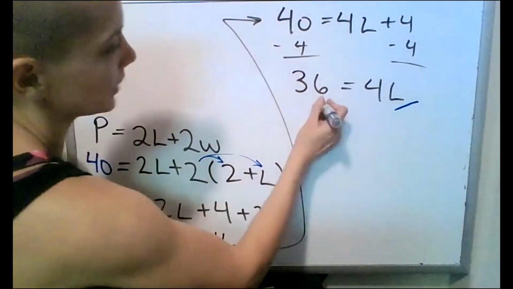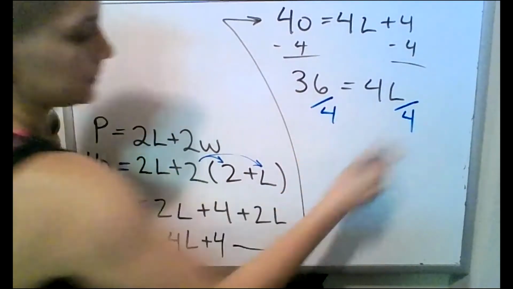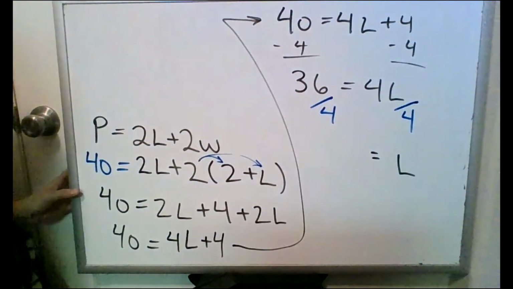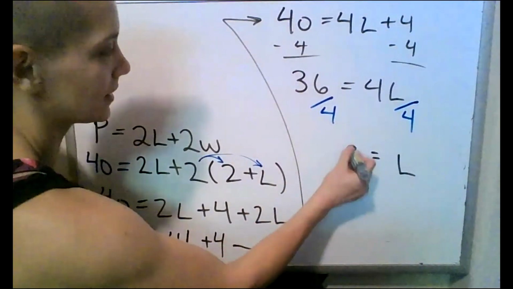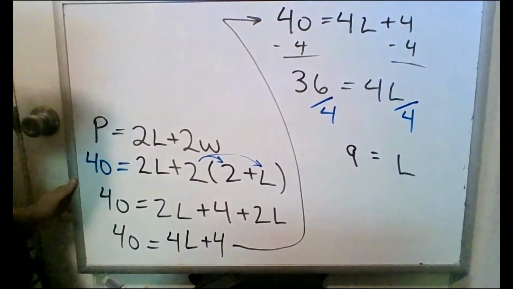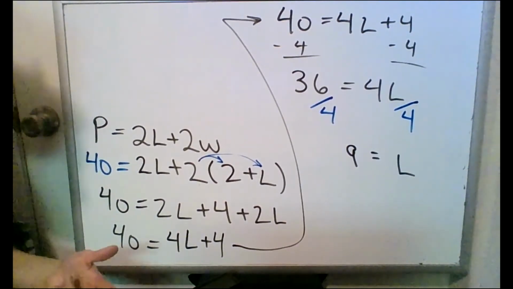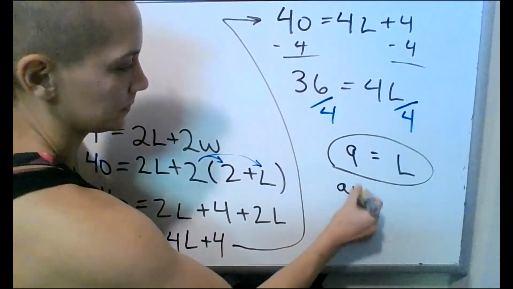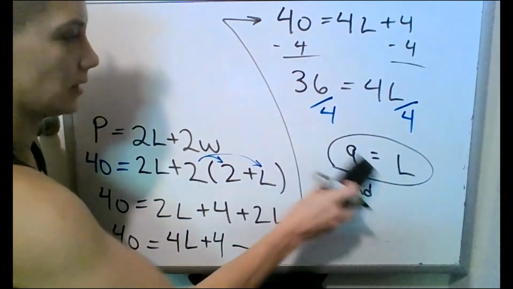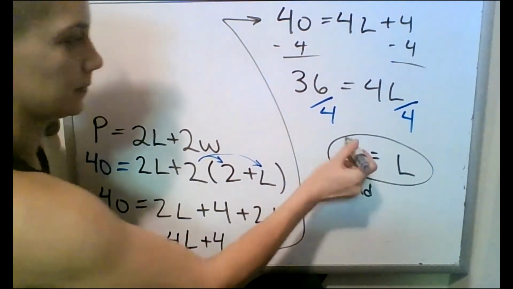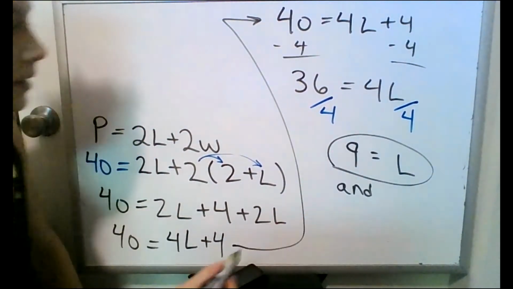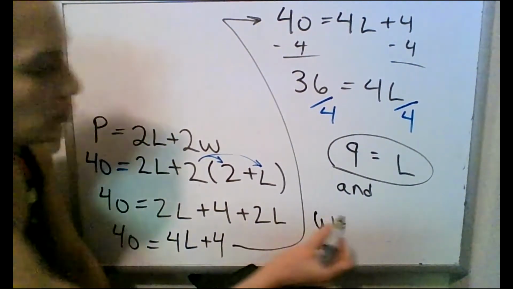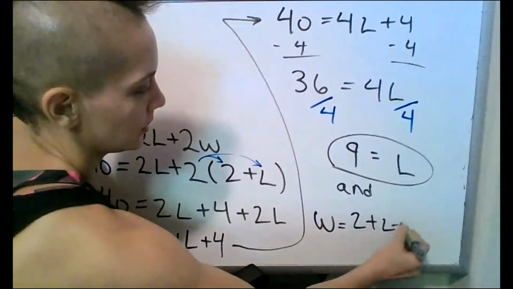And you'll have solved for L. 36 over 4 is 9. So I have 9 for the length. I was also asked to find the width. Width was the length plus 2, or 2 plus L. So 2 plus 9.